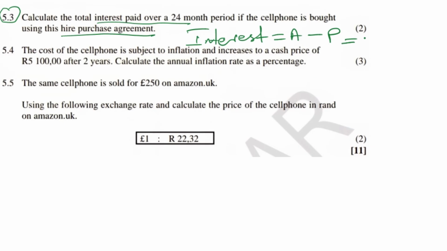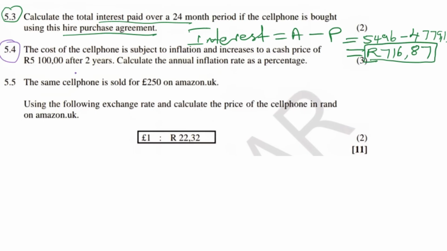The final amount was 5,496 minus the initial amount, which is P. In this case, we have 4,779.13 cents. All right, when we press our calculator, the answer that we get is 716.87 cents.